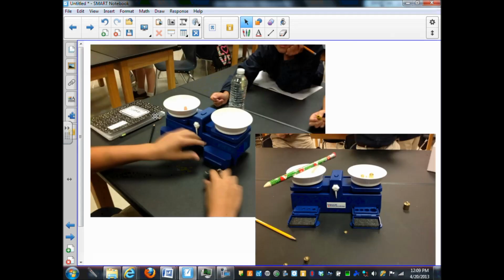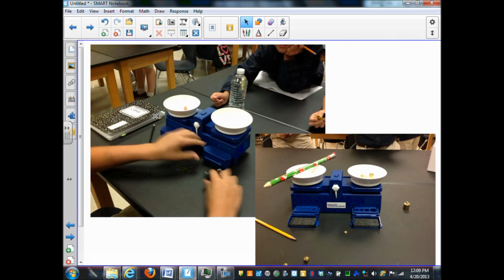Talking about the mass, in our class what we did is we figured out what the mass of different objects were by putting them on a gram scale, and you measure mass in terms of grams. In this example, the students are experimenting with different types of objects.